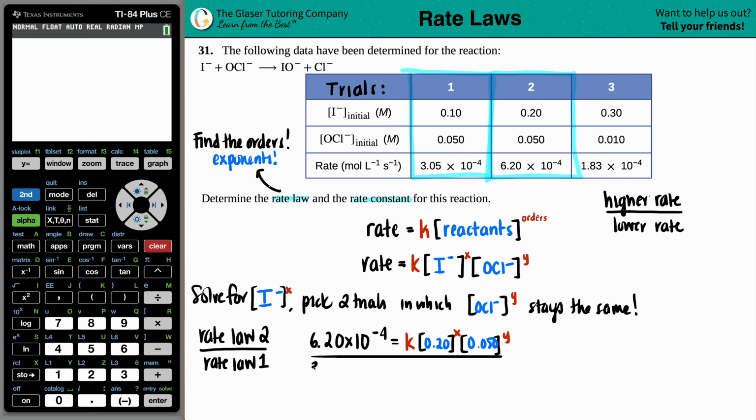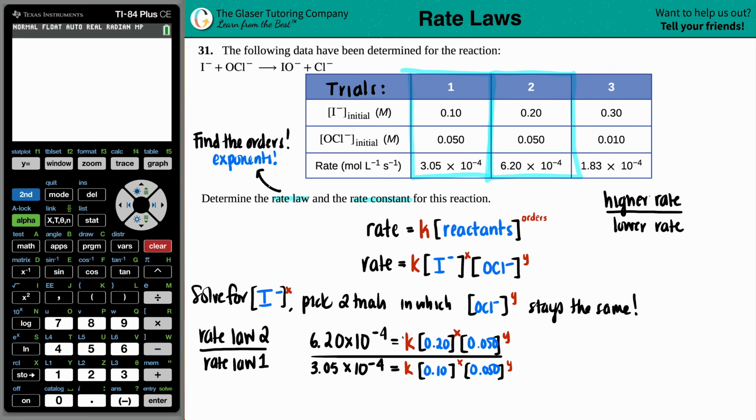So I just take all this information. Now it's 3.05 times 10 to the negative 4th equals K times the concentration of those reactants raised to the x and the y. The I minus is 0.10, and the OCl minus doesn't change. So when we plug in those orders, what can we cancel?